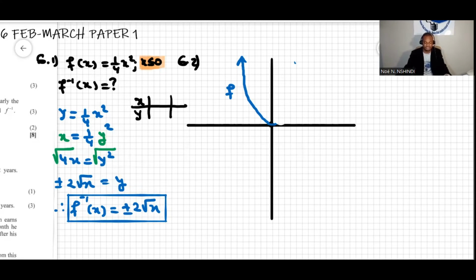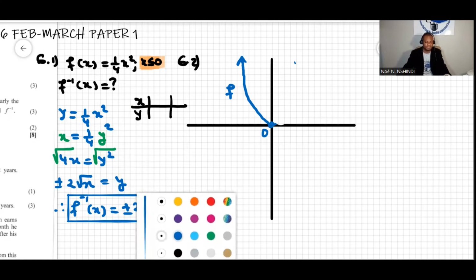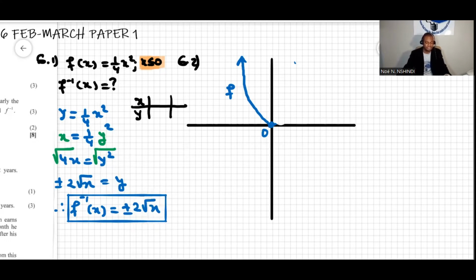Let me show it over here, because zero is there. And then if I want to show another point, let's say x has a value of, if x is not 0, I can take a value like, yeah, let's say if x is equal to 4, for instance, we have 4 over here.